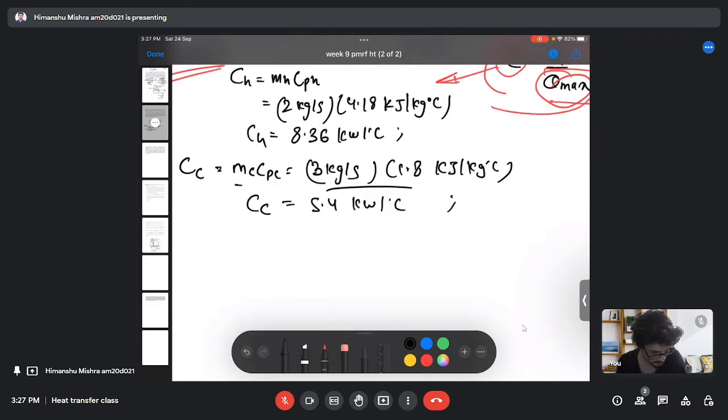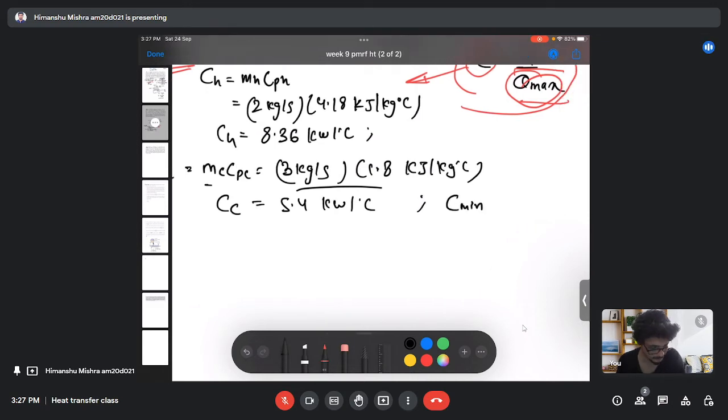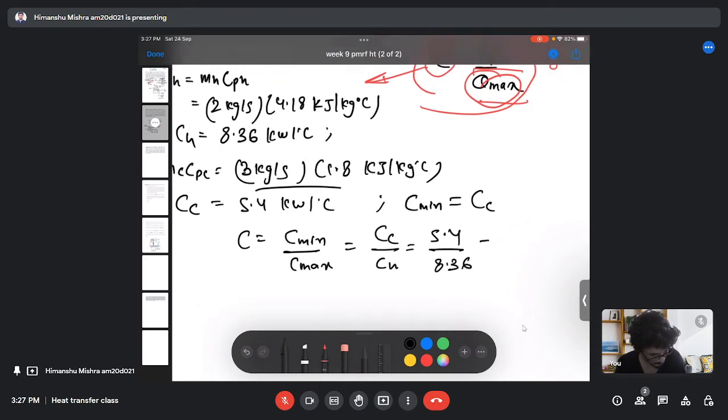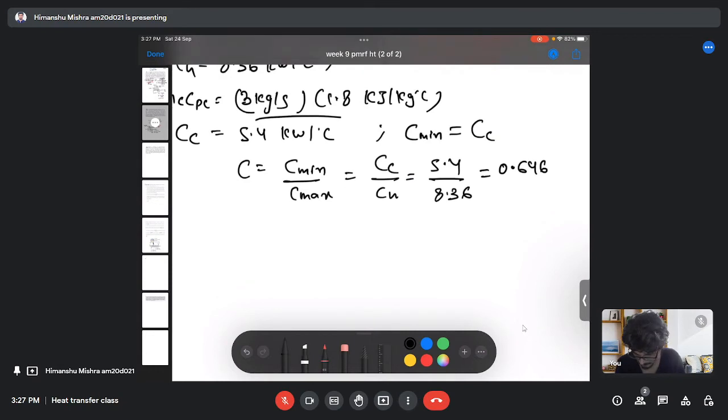So now we can see that my minimum heat capacity value is the heat capacity of the cold fluid. So my heat capacity ratio, just on solving this, we get 0.646. So my maximum heat transfer will be the temperature difference of both inlet temperatures.